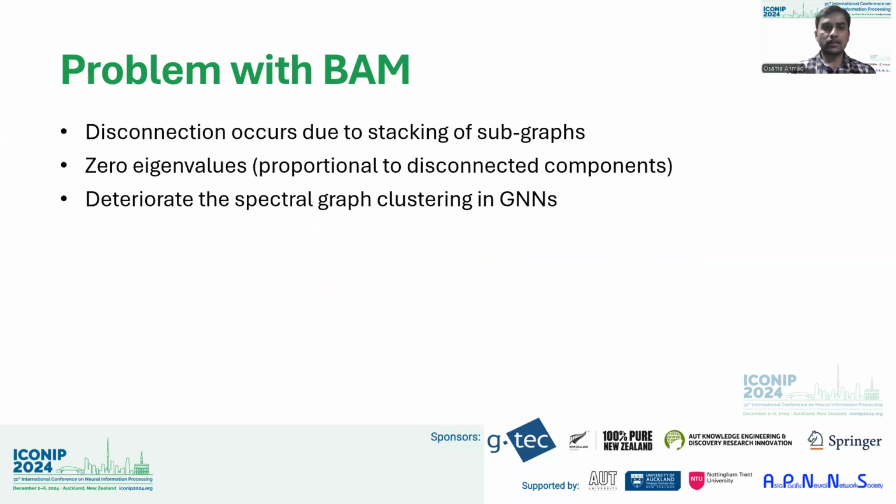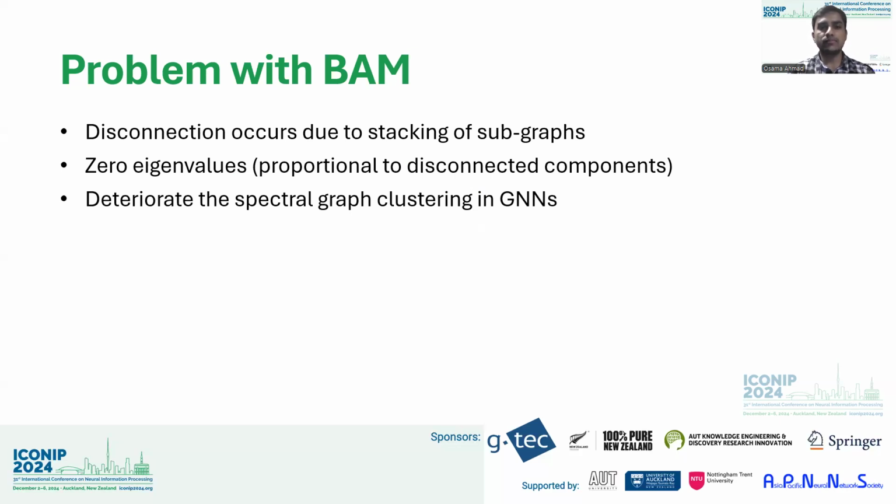So what is the problem with the block adjacency matrix? First, when we concatenate these subgraphs into hypergraphs or supergraphs, disconnection occurs at that point. Then we have zero eigenvalues that are proportional to the disconnected components. For example, if we are connecting three subgraphs, we will get three extra zero eigenvalues. What is the impact of these zero eigenvalues?